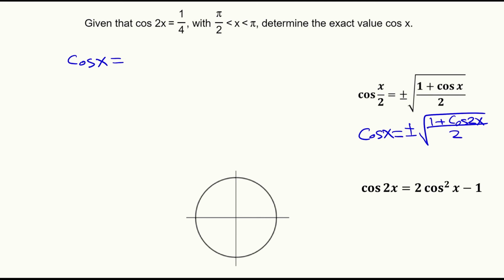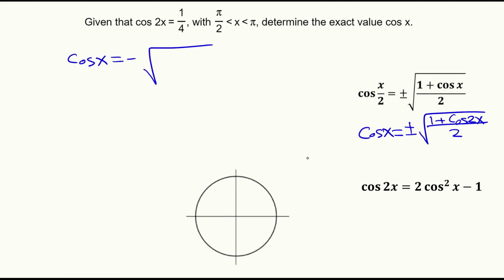So here we're going to take the negative case of square root of 1 plus, remember we're using this form, so 1 plus cosine 2x over 2.